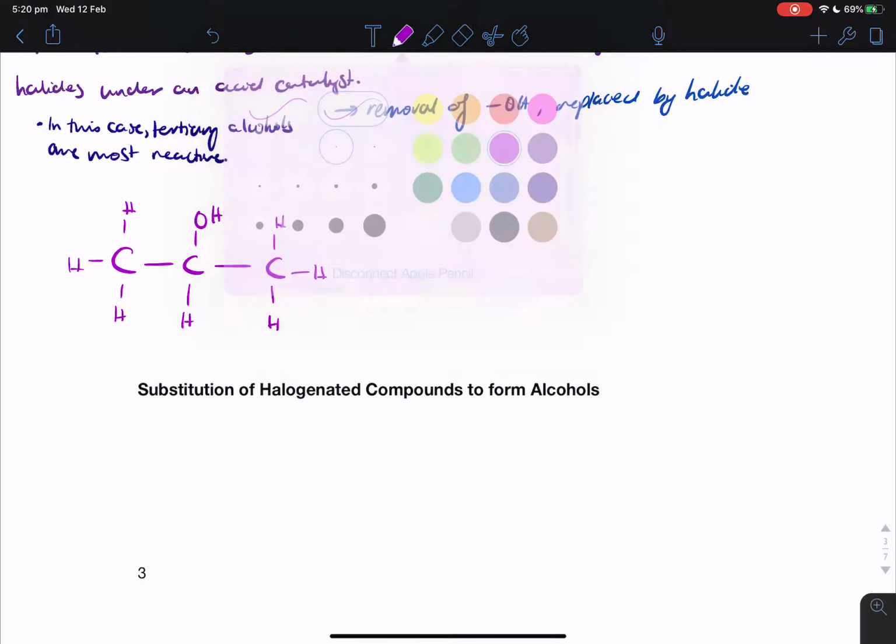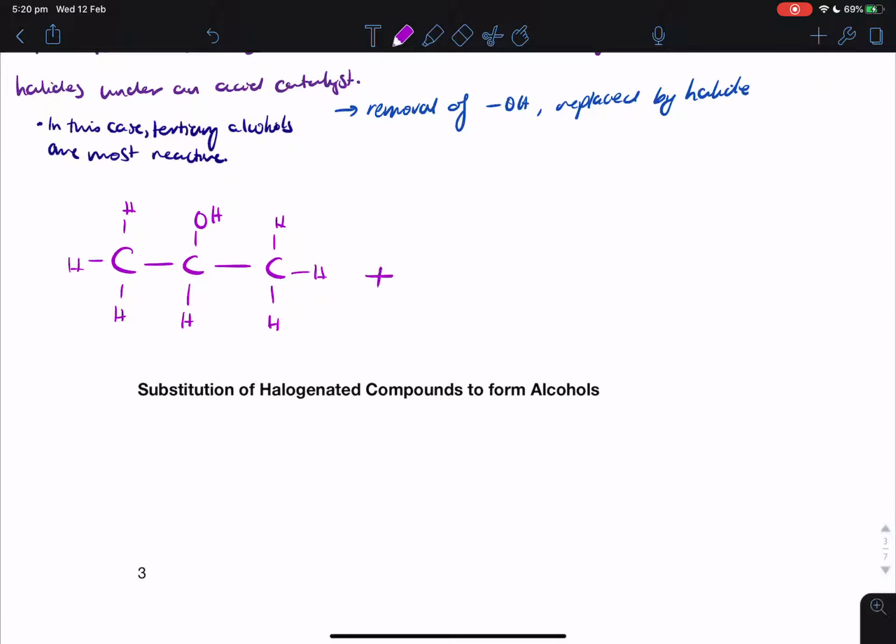Let's just say we're reacting this with hydrogen chloride. Note, it's not hydrochloric acid because it's not dissolved in water. If it was dissolved in water, then yes, we call this hydrochloric acid. Let's use it as hydrochloric acid today because we're going to have water in the product, so it's going to be dissolved.